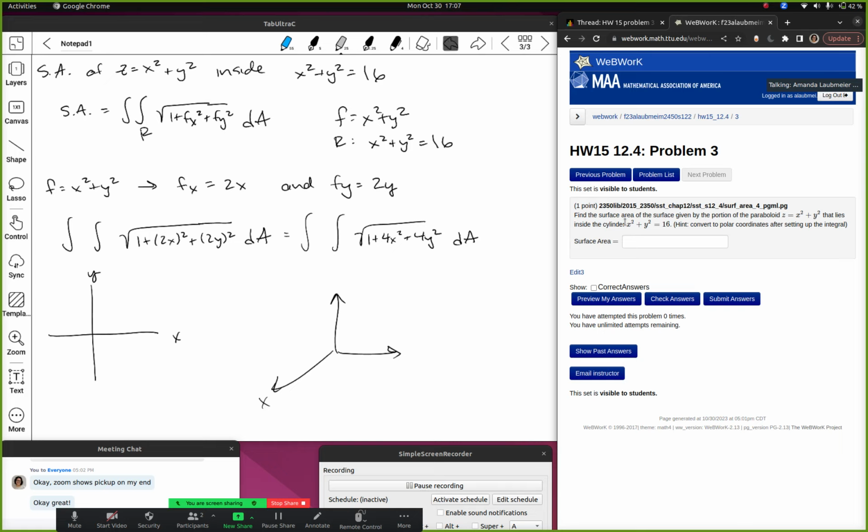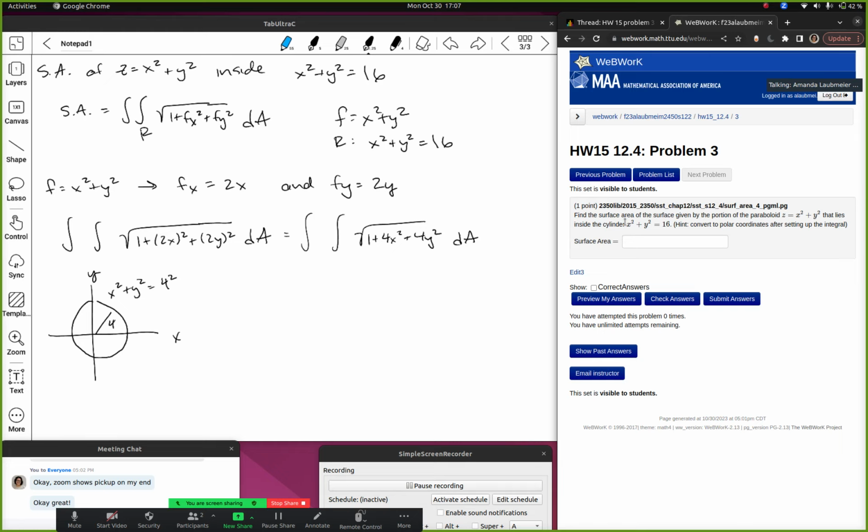I'm going to go back to that now, eventually. Okay, so thinking about projecting that cylinder shape, or that section of the paraboloid that we're thinking about the surface area of, that's actually going to be this circle. Again, with radius 4, that's x squared plus y squared equals 4 squared, which is 16.